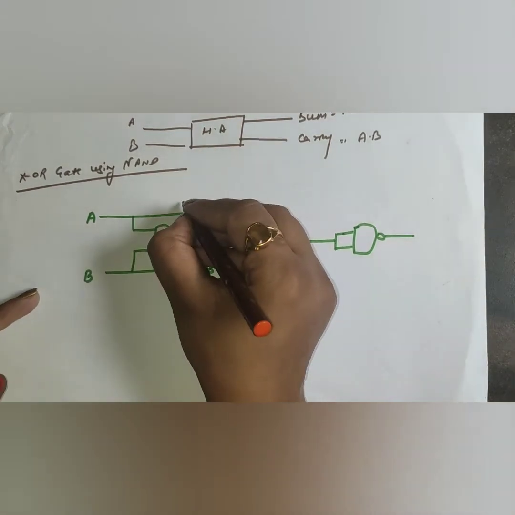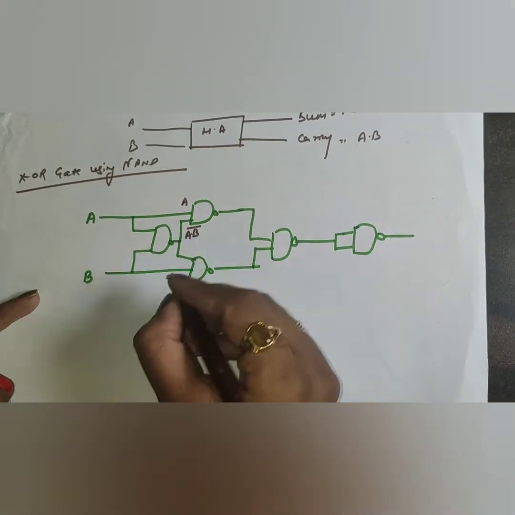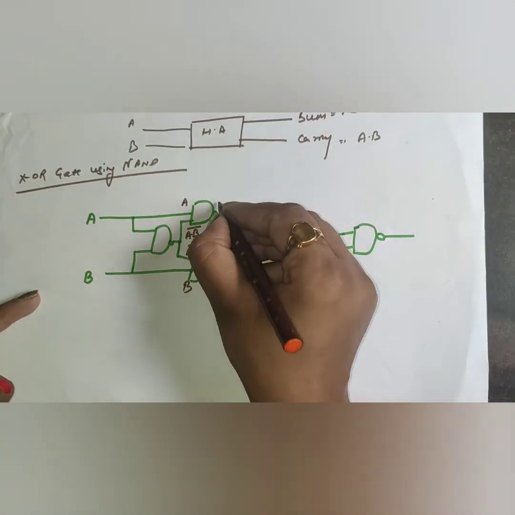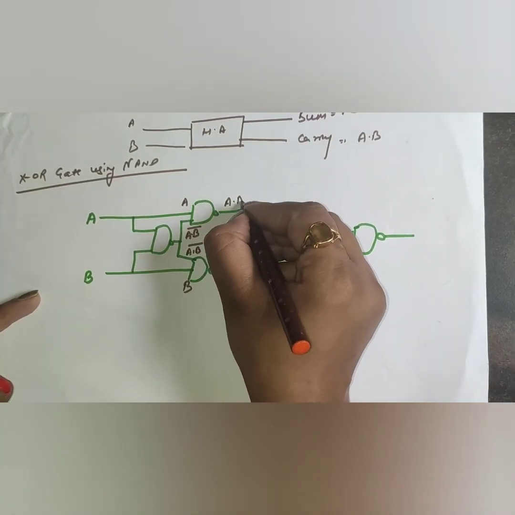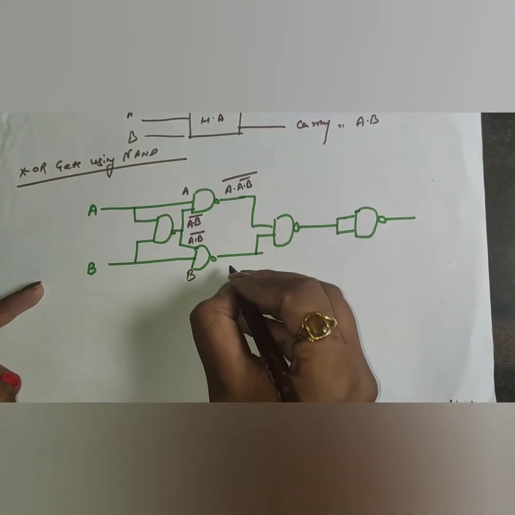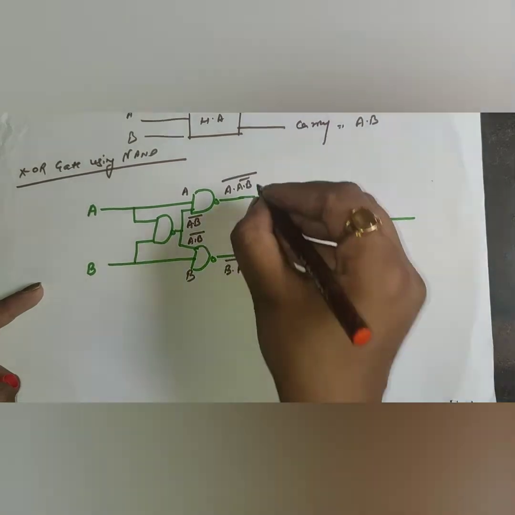You can check, this is your A and this is your (A dot B) bar because it is a NAND gate. Now it is B and it is your (A dot B) bar. It will be your A dot (A dot B) bar whole bar, and it will be your B dot (A dot B) bar whole bar.